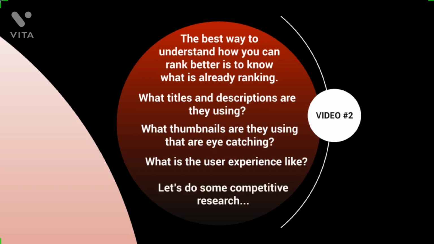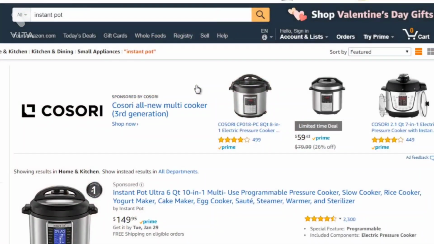So let's go ahead and do some competitive research. For the sake of making sure that we find YouTube videos that actually relate to promoting a product, what I want to do now is just pick a product out of the blue and take a look at YouTube.